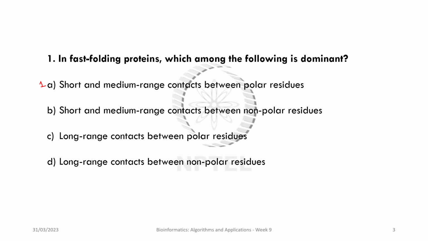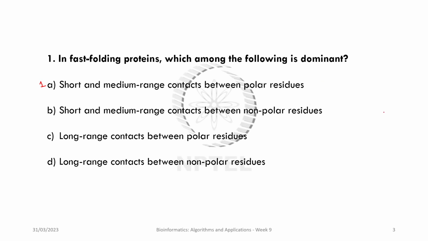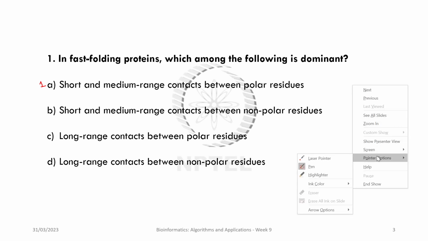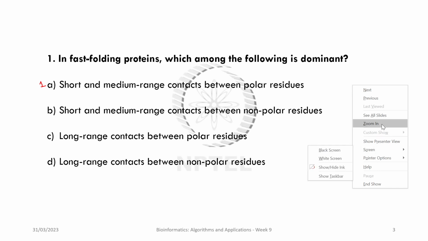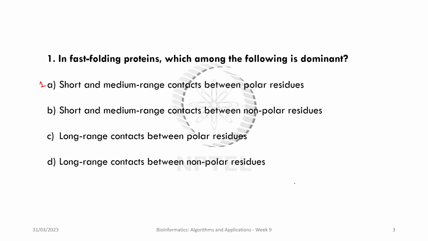So, in protein folding, which contacts are important? Or which contacts determine the rate? You cannot say which is important and not, but if you're worried about the folding rate, thank you, Nagamani. So short and medium range contacts will help the protein fold faster, right?